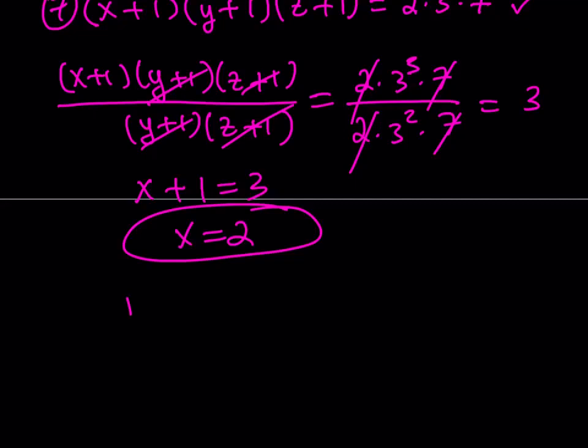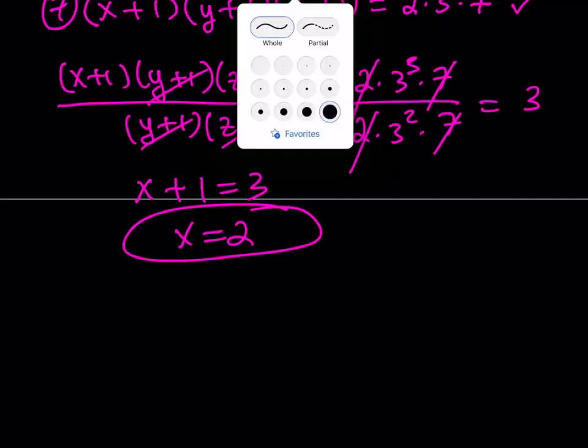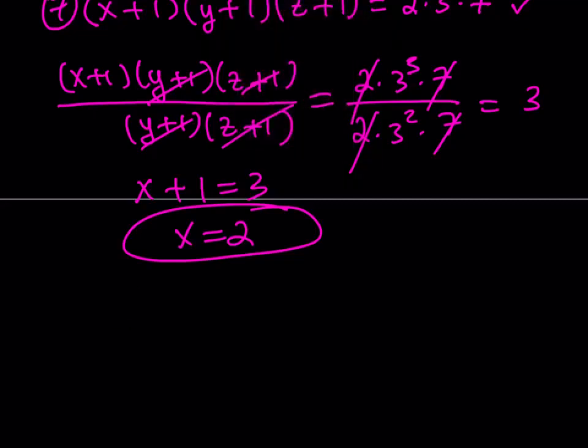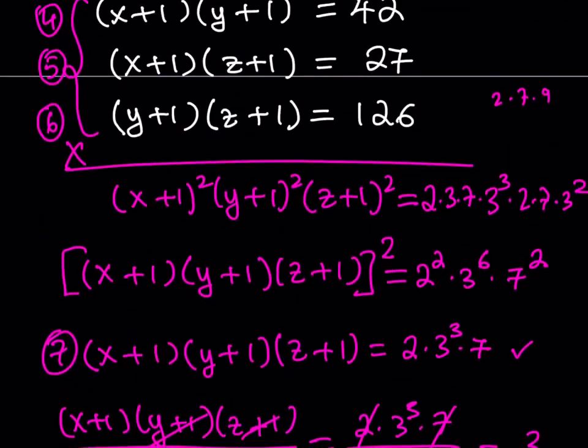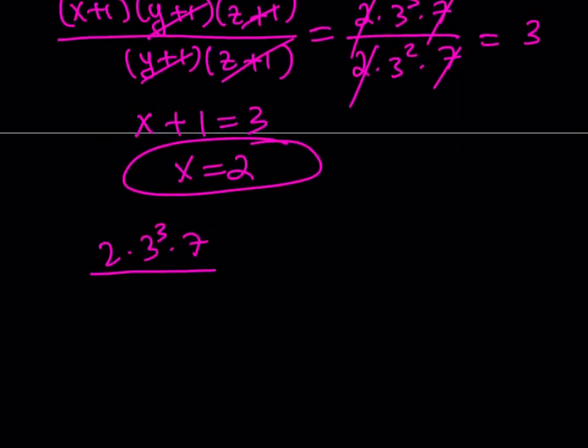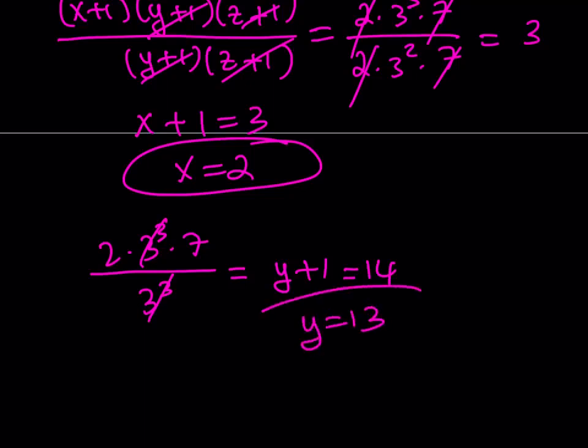So what I'm trying to say is basically, if you take number 7 and divide it by number 5, which is 27, which is 3 cubed, then this should give you the value of y plus 1. The 3 cubed cancels out. From here, you get y plus 1 is equal to 14, which means y is equal to 13, right? So that's the y value.